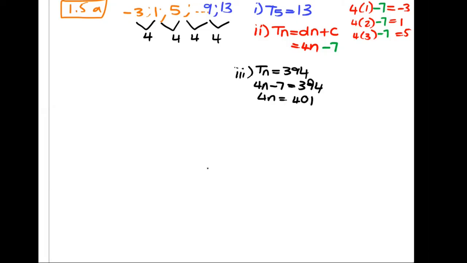And if we say 401 divided by 4, we get 100,25. Now tell me, why is 394 not a term in the sequence?